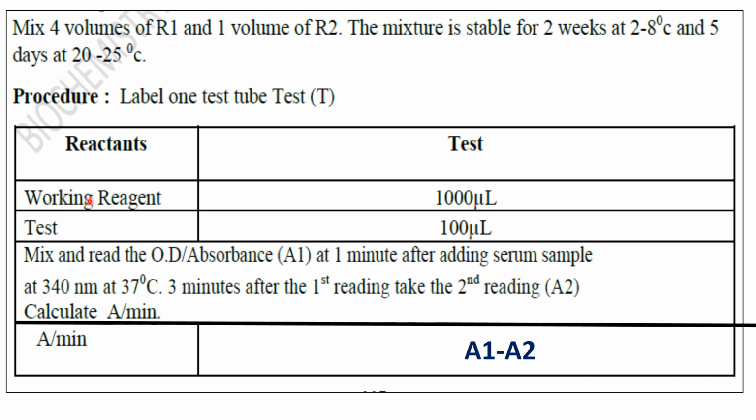And now the working reagent of 1000 microliter is transferred to a test tube, and then the patient sample is transferred, which is 100 microliters, and immediately it is taken in by the semi-auto analyzer to take the reading. And after 3 minutes we get a difference in absorbance of first reading and second reading, which is called the delta A or absorbance per minute, and then this is multiplied by the factor.